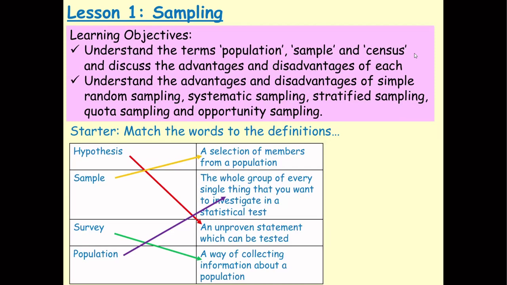So it could be, for example, on average, boys are taller than girls. That's not necessarily going to be true, but it's something that you state at the beginning. You then collect data to test that and then draw a conclusion as to whether or not your hypothesis was true.